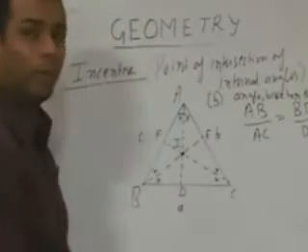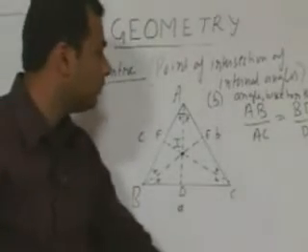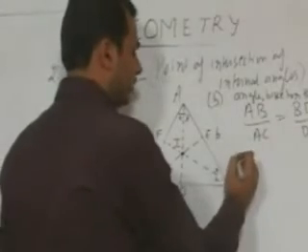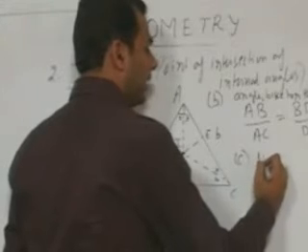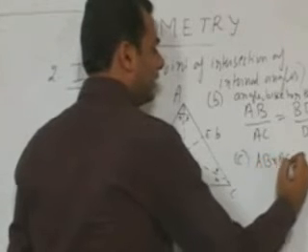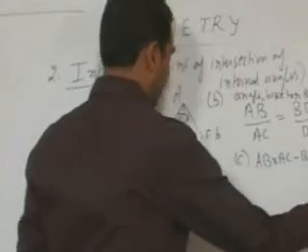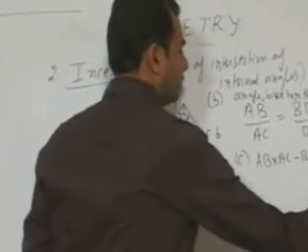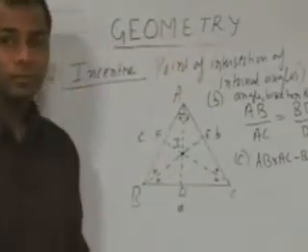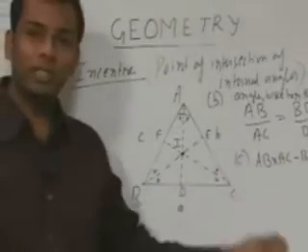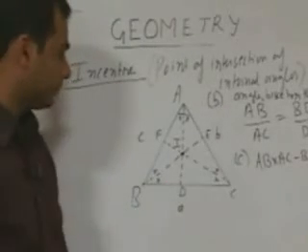This is my angle bisector theorem. The next important property is that AB into AC minus BD into DC is always equal to AD square. This is one of the important properties related with the angle bisector.